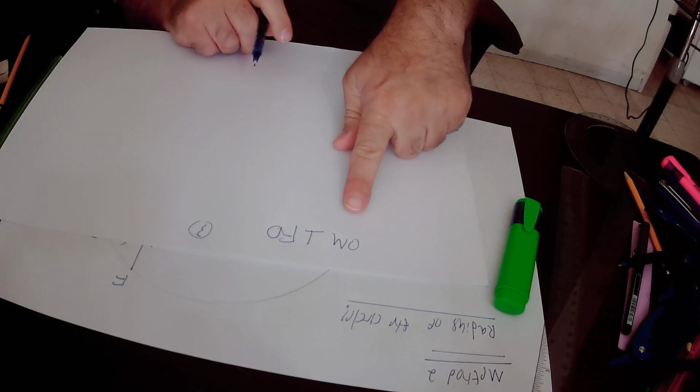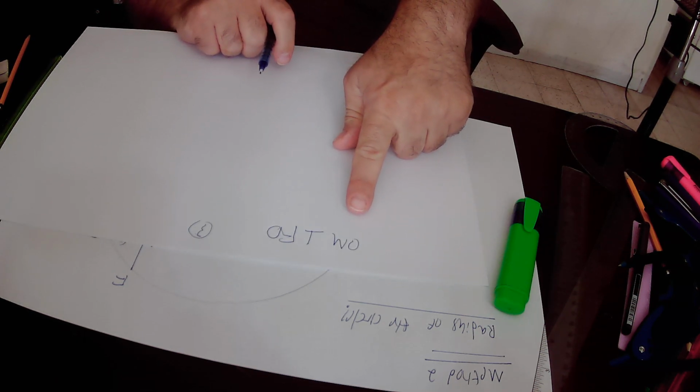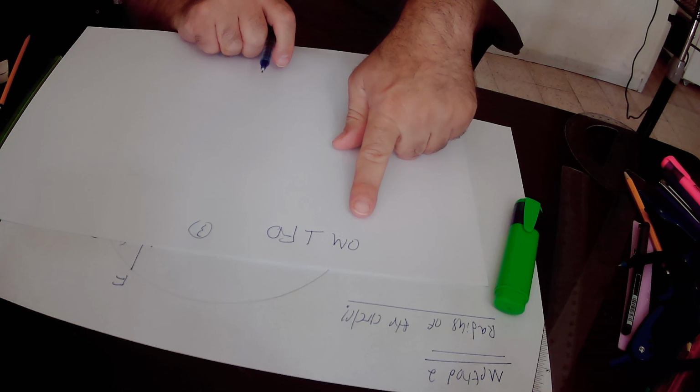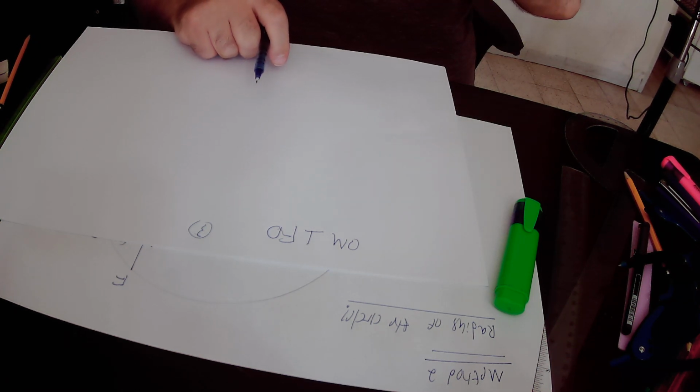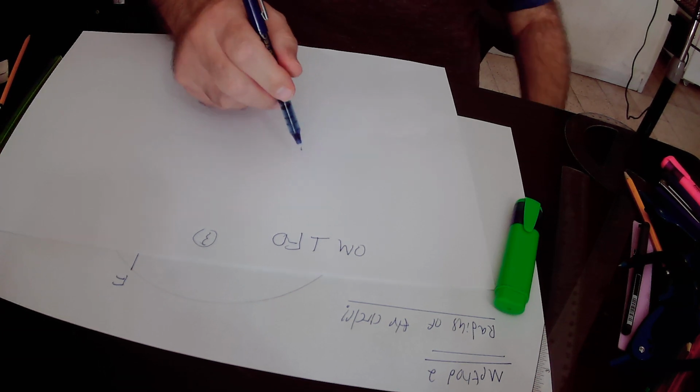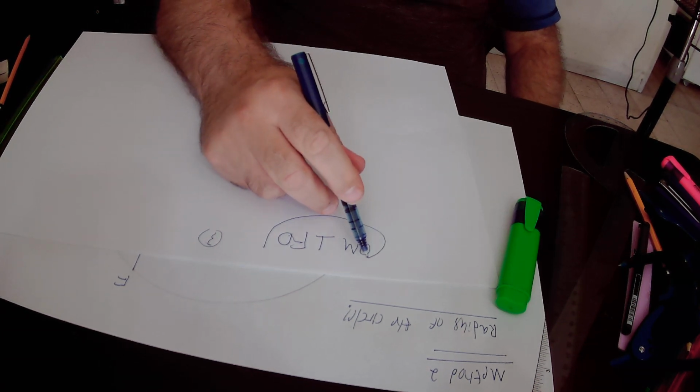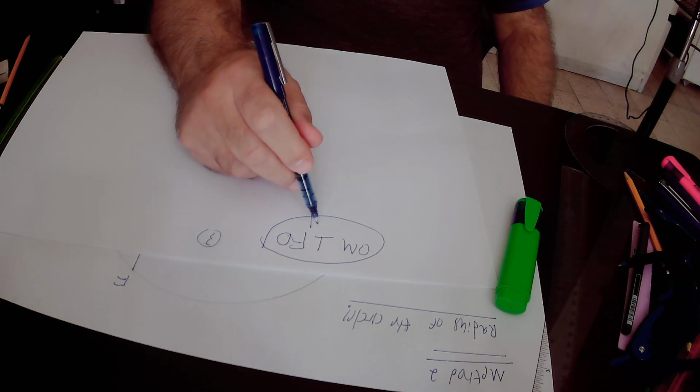Repeat again. Line segment OM that exists from the center of the circle, that is to say from point O, is perpendicular to chord FD. Therefore, we can implement here rule number 3.